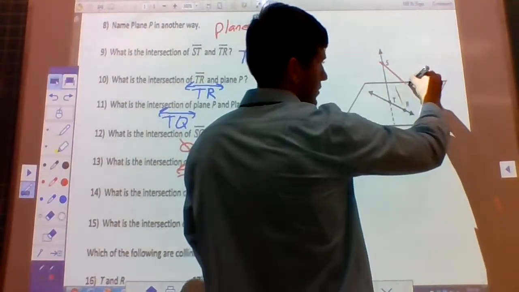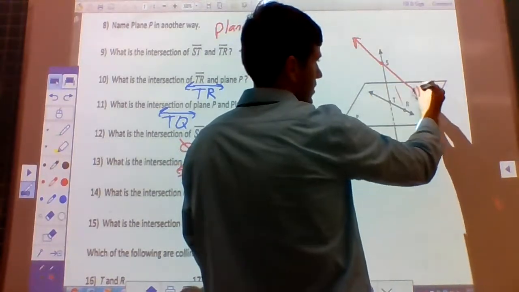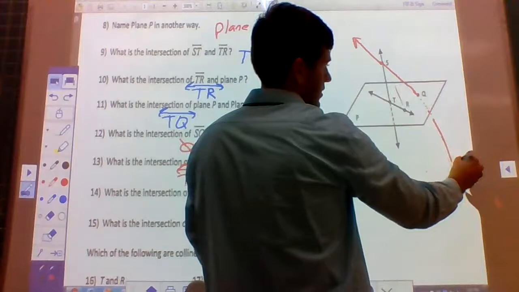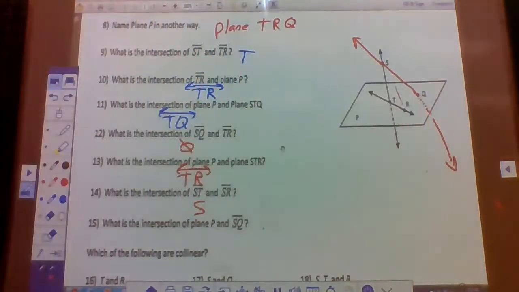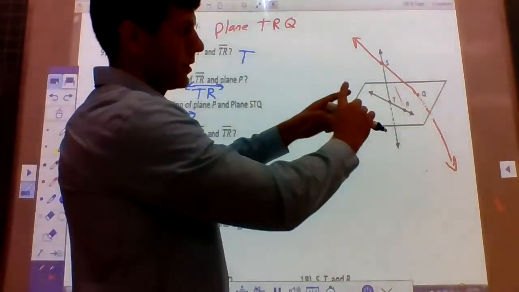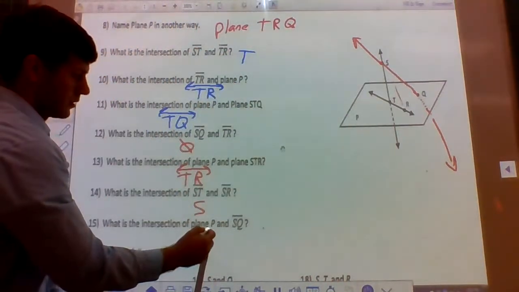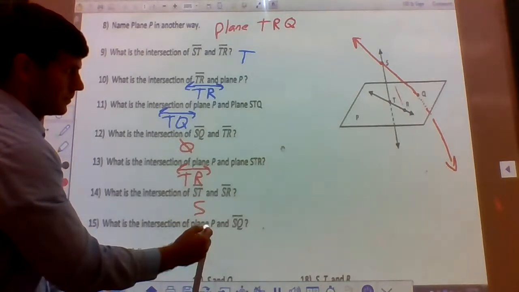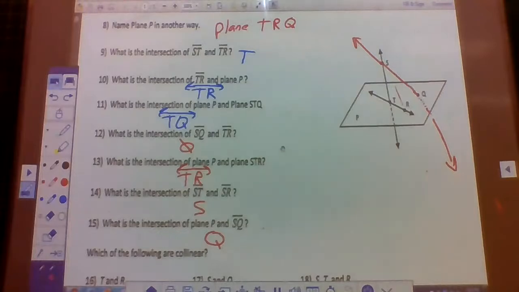So SQ, dot, dot, dot, dot. It's underneath. So this line SQ is going to come up, intersect at Q, and go up and through. So that's going to be at point Q.